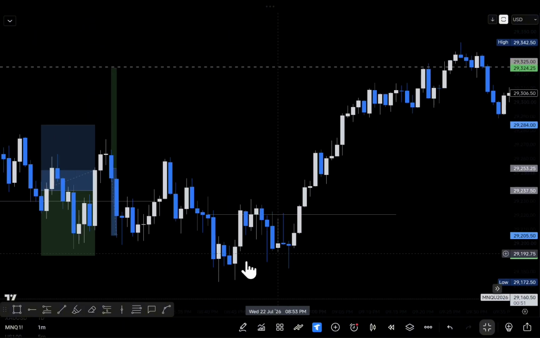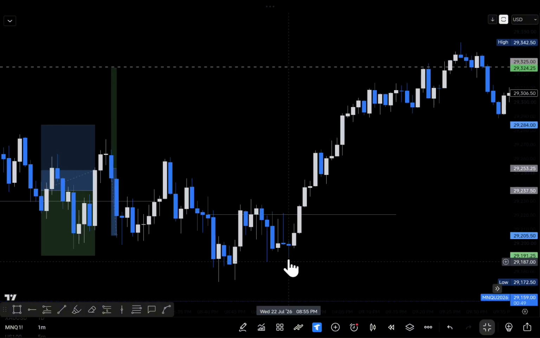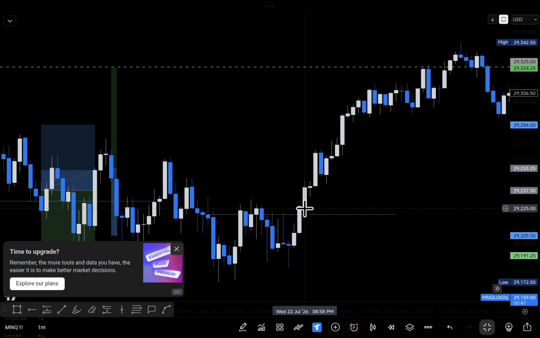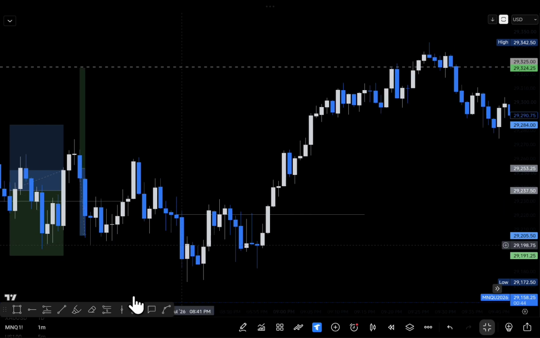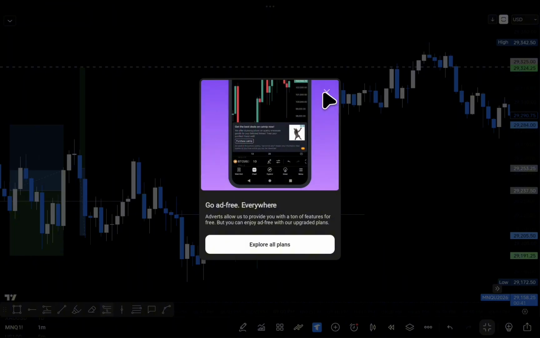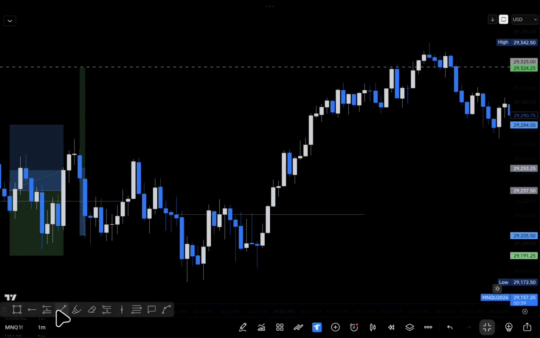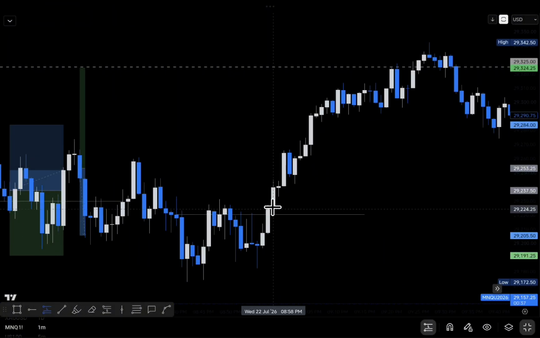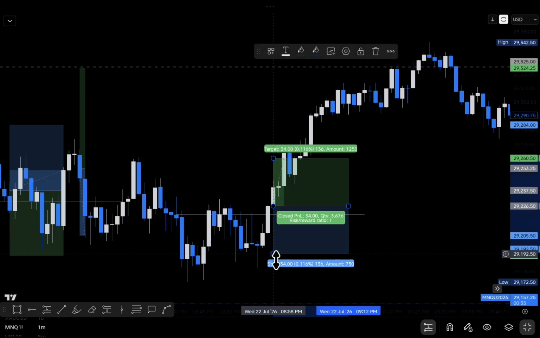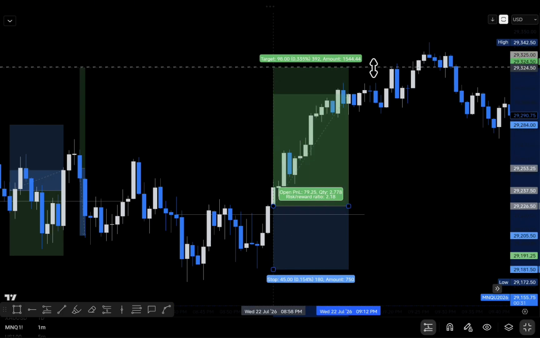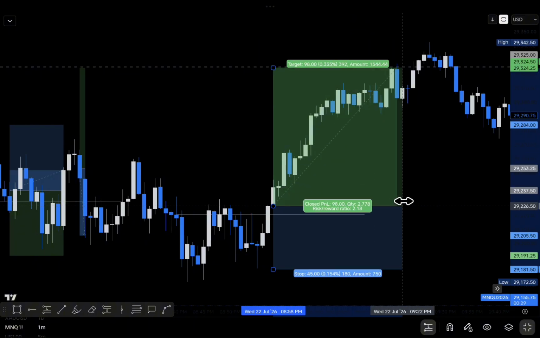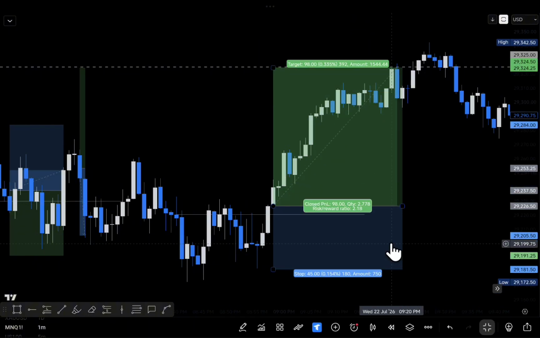It moved bullish, retested this order block, and then moved bullish again. This is where I would have executed if I was live, or let's say if I hadn't taken any losses. And this would have been my entry while putting my SL below. TP goes here. Yeah, that's how it went.